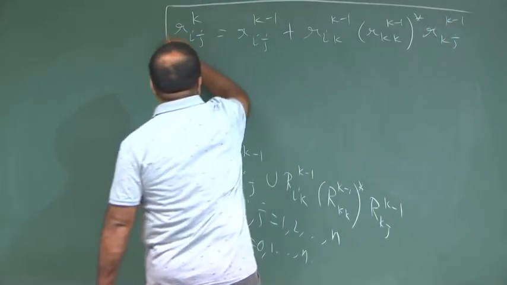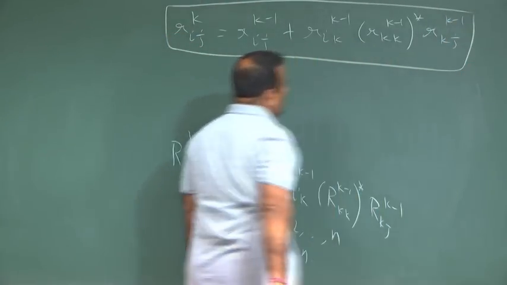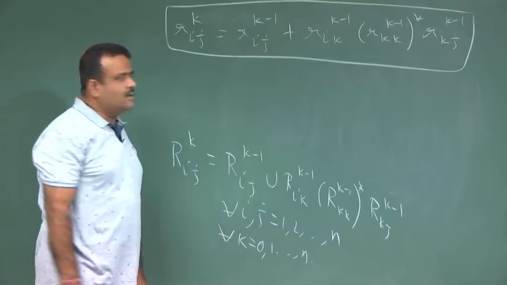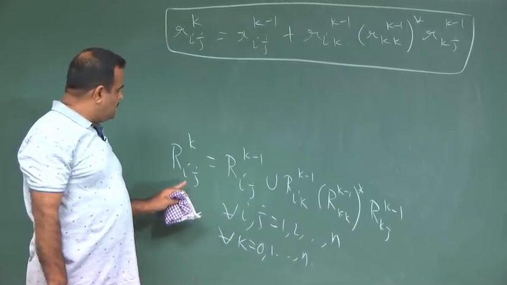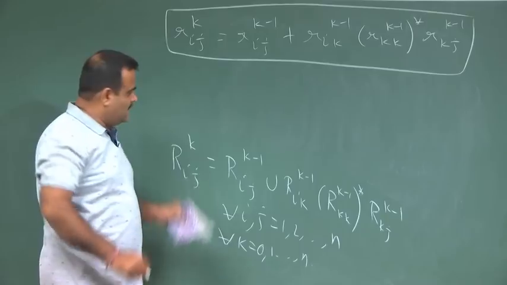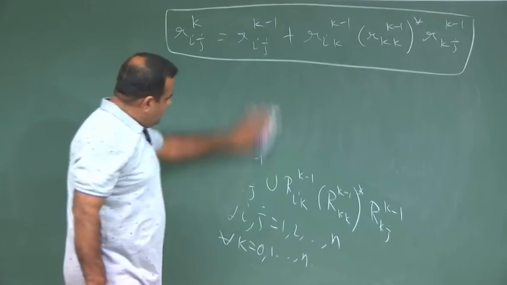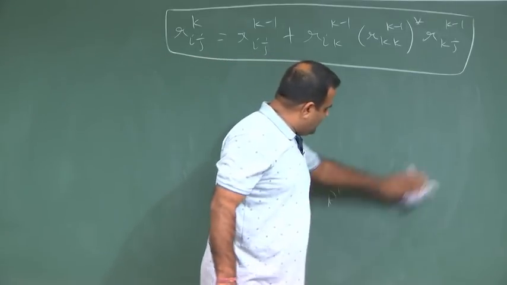So, this is the relationship. This is the regular expression for R_ij^k. Okay. And this is true for all i, j and k.